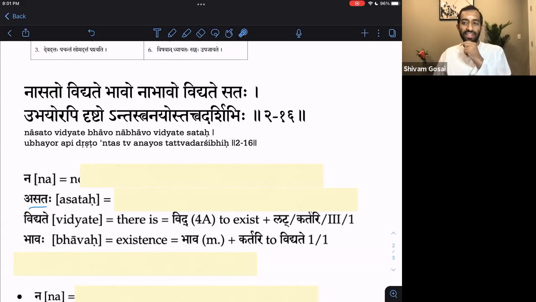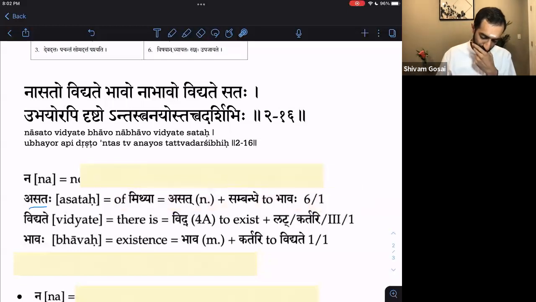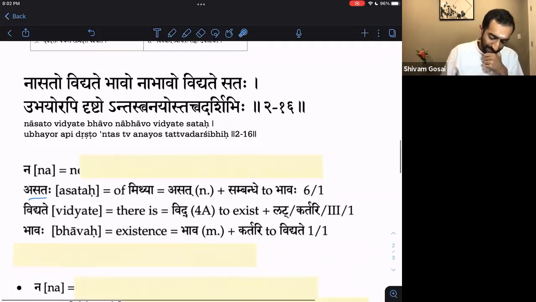Now the meaning that we have here is actually the sixth case. This word means mithya, which we'll see later, but this is sambandhe shashti to bhavaha. So the meaning here is that asat, na vidyate, right?